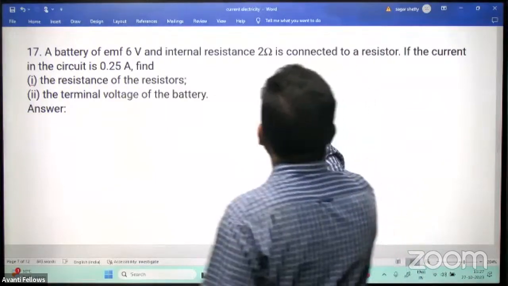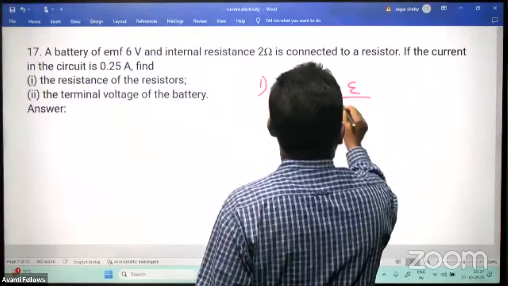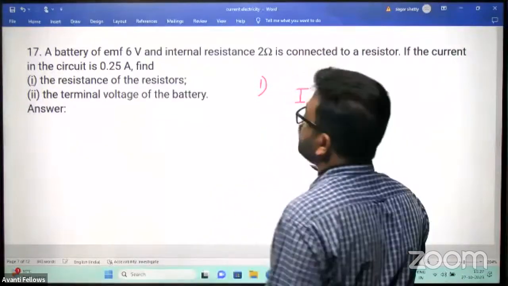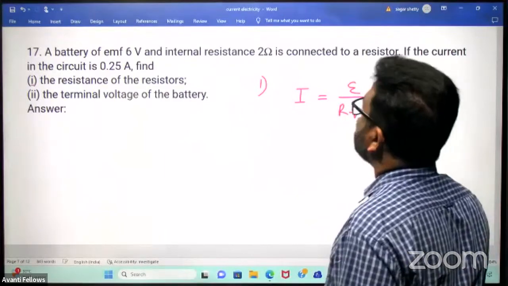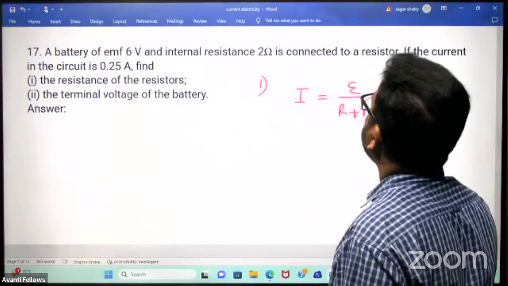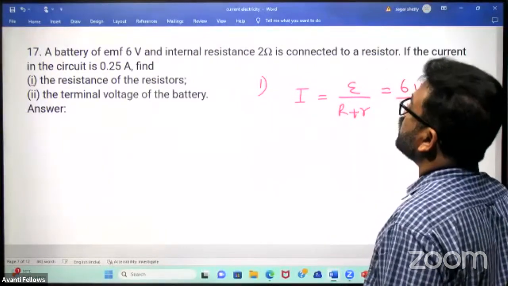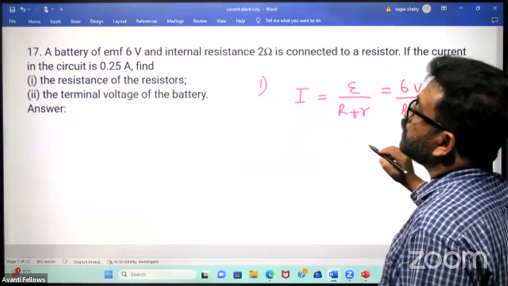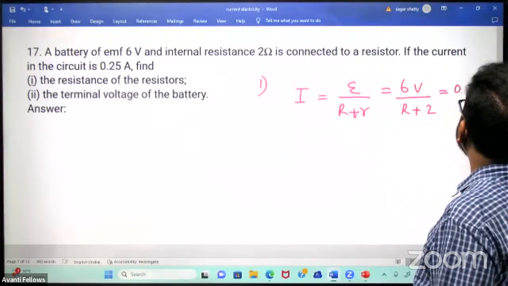So let us see, current I. First one, current I is equal to E by R plus r. EMF is 6 volt. 6 volt divided by capital R plus small r, which is 2. The current there is 0.25.